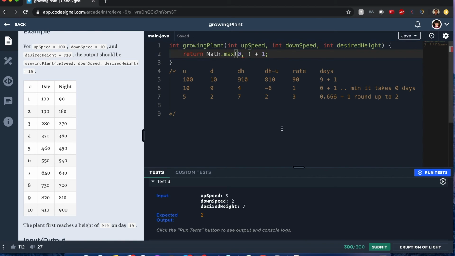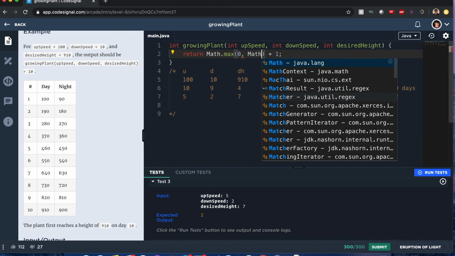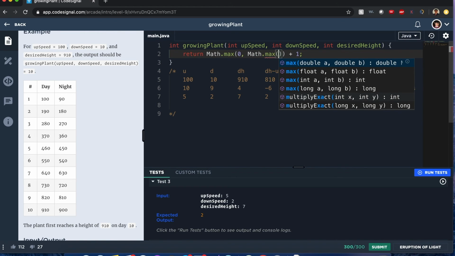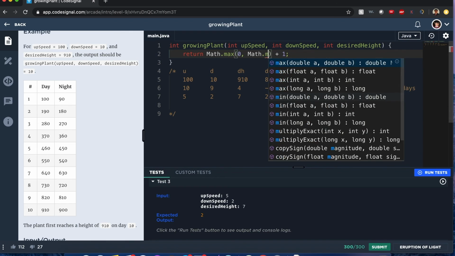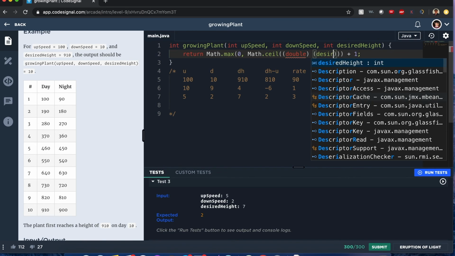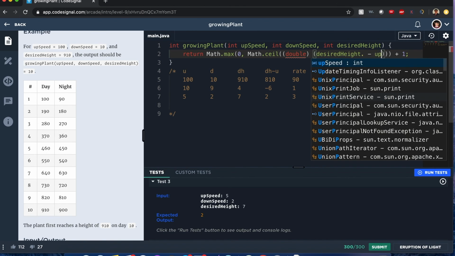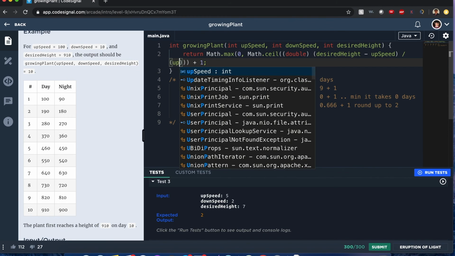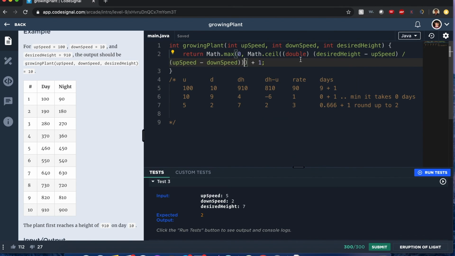And we also have to round up if there's a fractional answer when we do this calculation to the rate, which is math.ceiling of a double of desired height minus upspeed divided by upspeed minus downspeed. And I think this should work. The ceiling rounds it, but since we want this as an integer, it's right here.